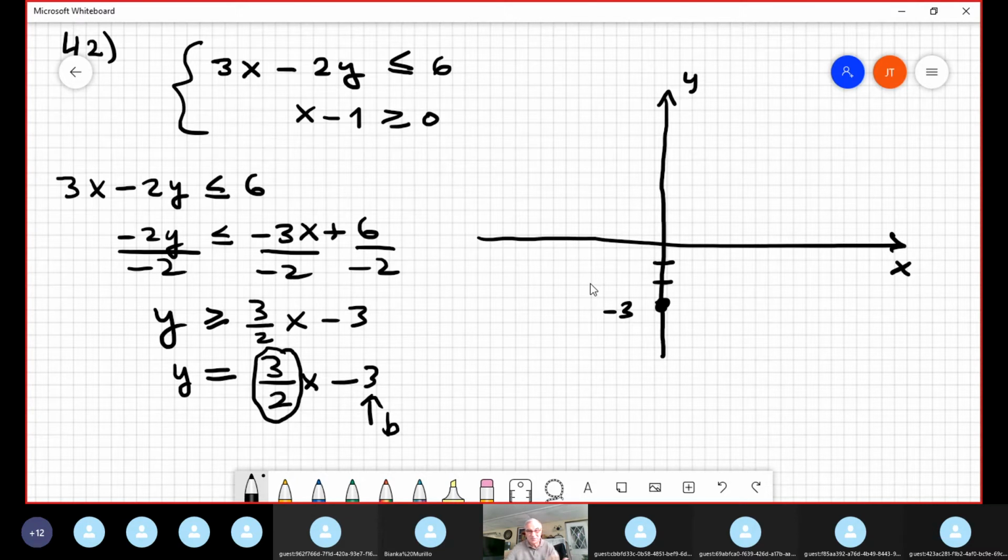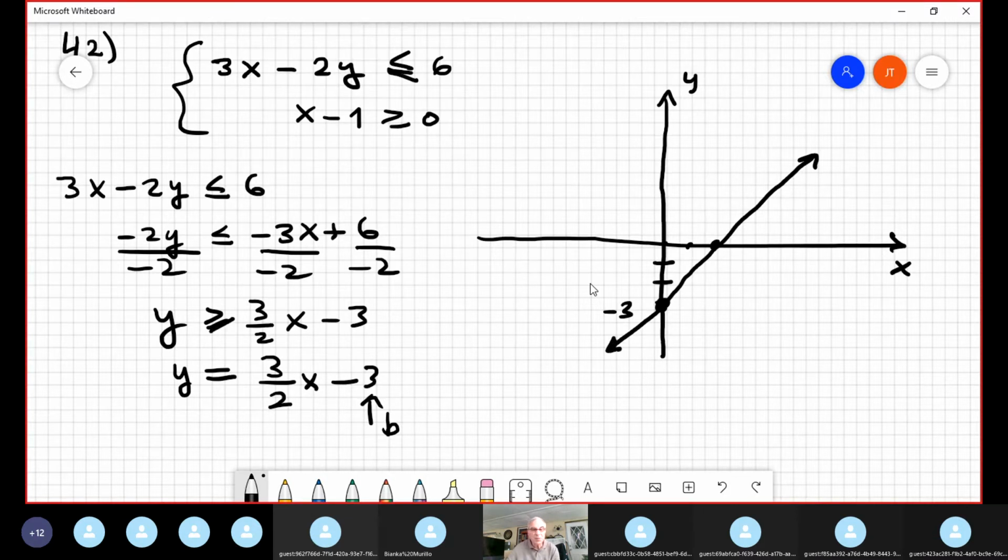We are super familiar with this. So it's 3 up, 1, 2, 3, and 2 to the right, 1, 2, and we get the second point. We connect them with a solid line. You recognize it's solid because the inequality includes equal.